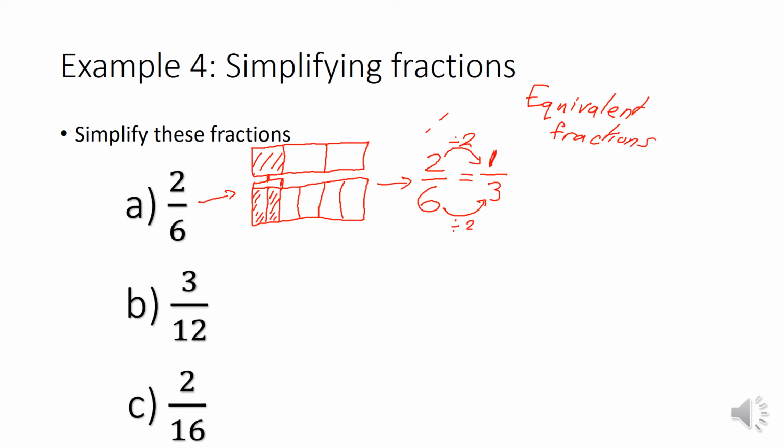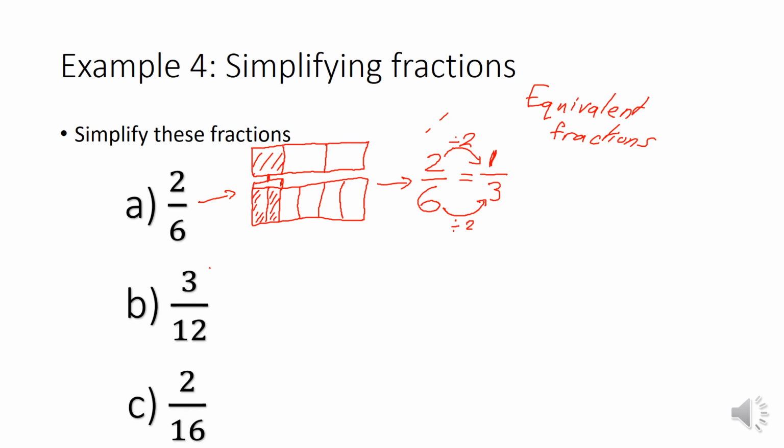So 3/12. Using the same idea as what we did here, we're looking for a number that we can divide 3 by, and that we can divide 12 by. So if you're not sure, you can write the factors out, that might help you. So 3, what can we divide 3 by? So we could divide it by 1, or we could divide it by 3. So we can divide 12 by them as well.